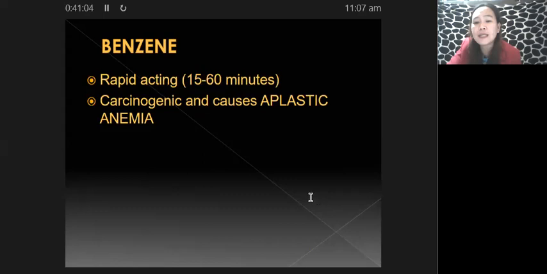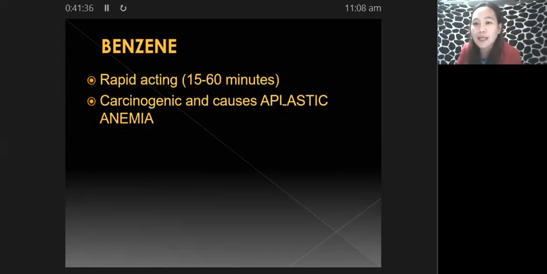When we talk about hypoplastic, hyperplastic, aplastic, what structure are we referring to? We are referring to the bone marrow, right? You discussed this in your Hematology 1. Hypoplastic, hyperplastic, aplastic bone marrow.